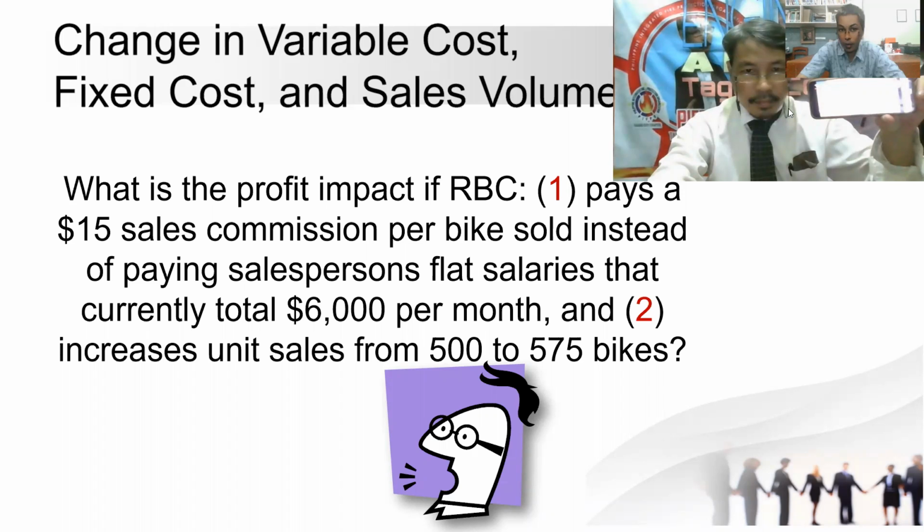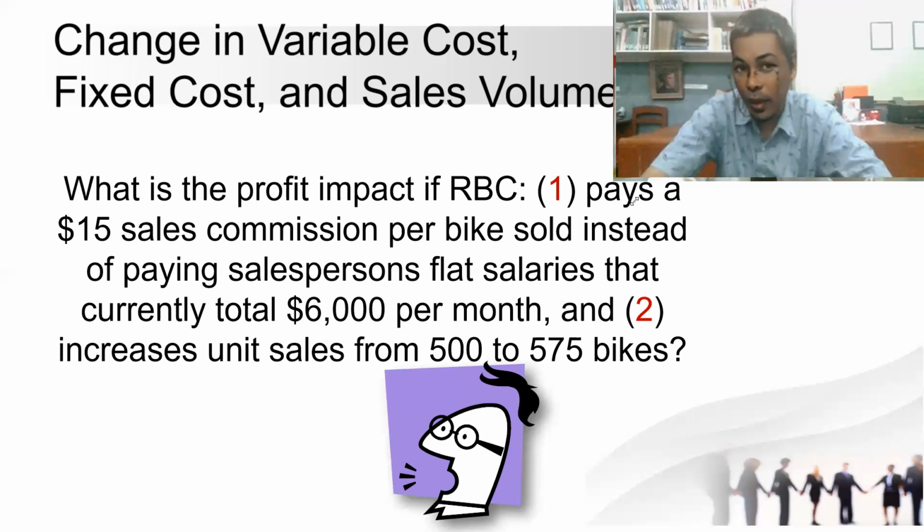What will happen if we pay commission to an agent per bike sold instead of paying salesperson flat salaries? Okay, so is it better for us to pay commission rather than monthly salaries that currently total 6,000 per month?